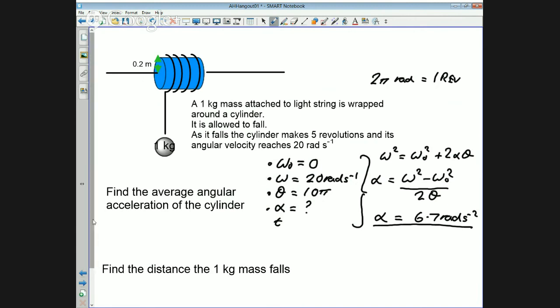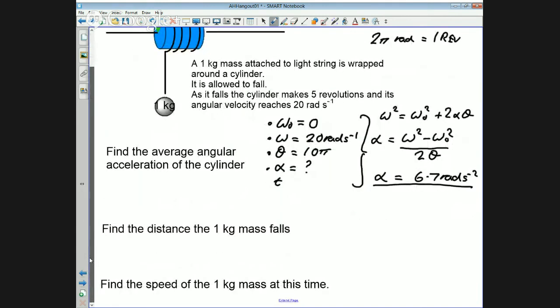The next part of the question would say, what is the distance the 1 kilogram mass falls? Well, this is the one we did in the class today then. If it turns around 5 revolutions, we're going to unwrap 5 revolutions of string.